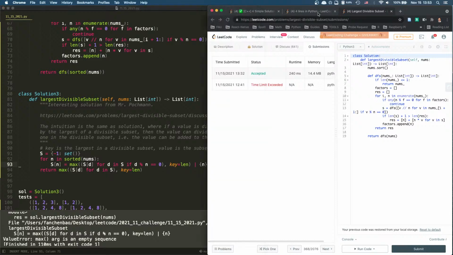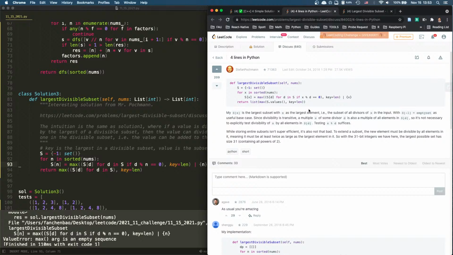Wait, how did you do it? Max for the if, yeah, I'm doing exactly the same thing. I'm doing the same thing, but for d in s, if this equals 0, and I OR this value.